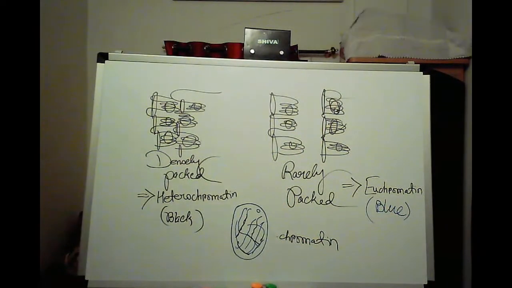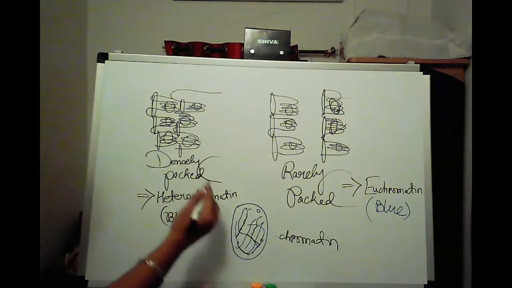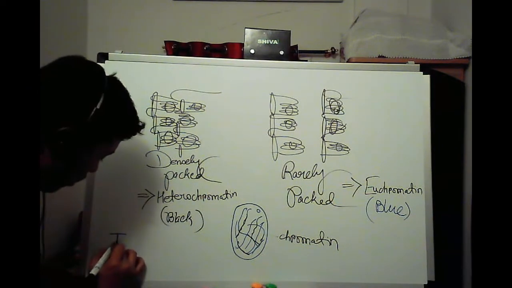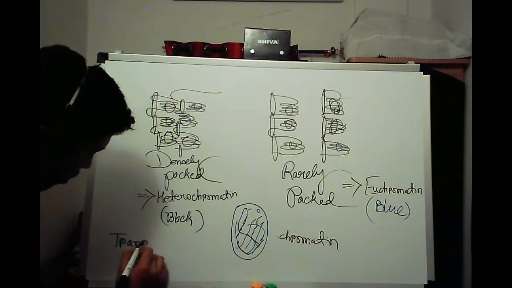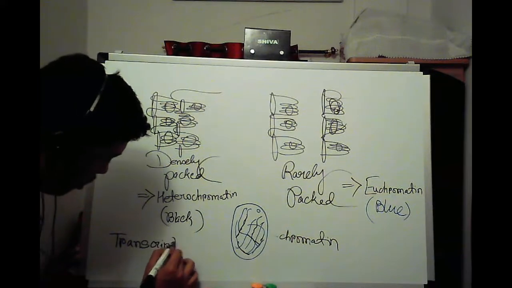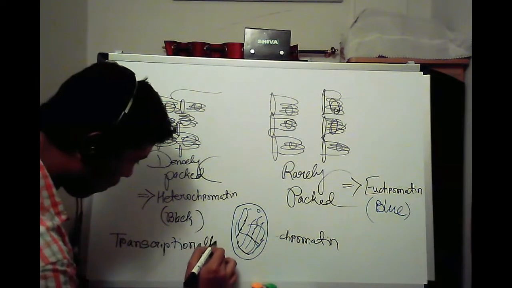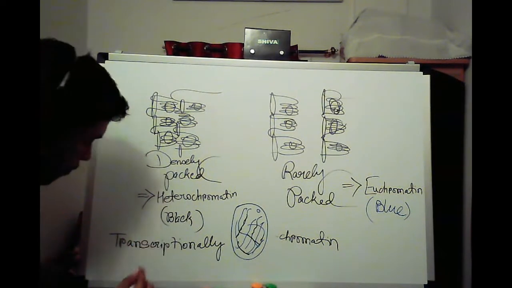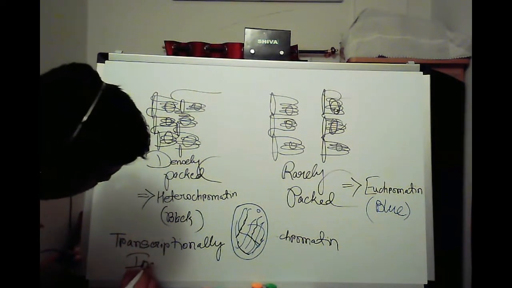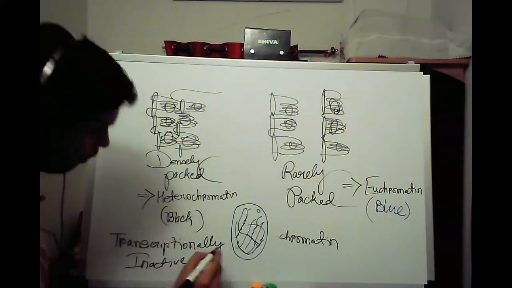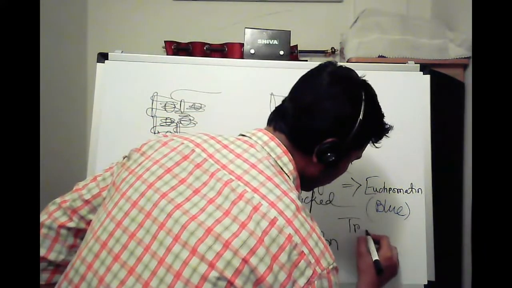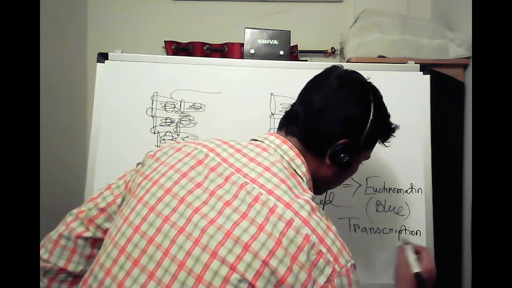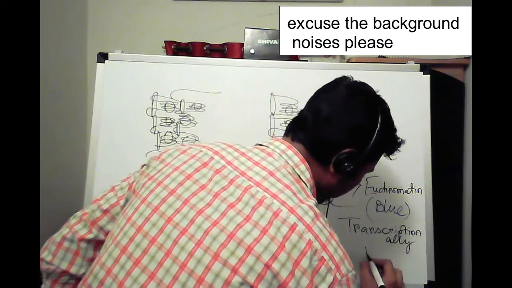Now, what is the difference? Let's check it out. Heterochromatin is transcriptionally inactive, whereas euchromatin is transcriptionally active.